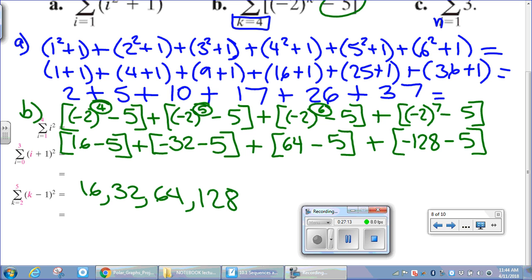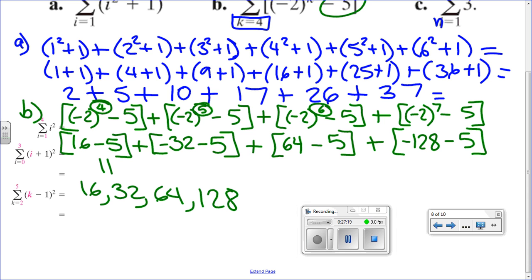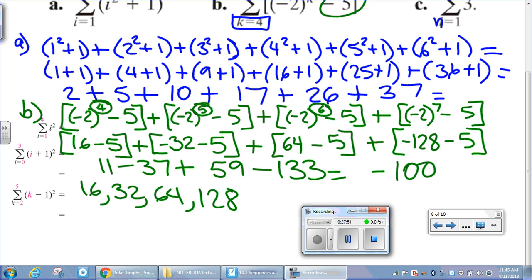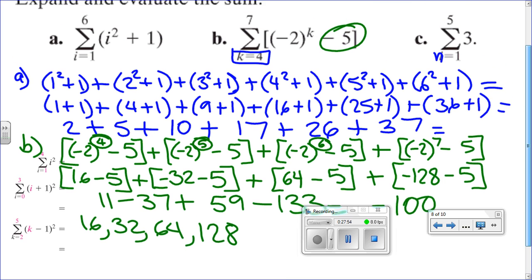Okay, guys, we do what's inside the brackets first, and we're going to get 11, negative 37, then positive 59, and negative 133. So we get negative 100. Great job, guys.